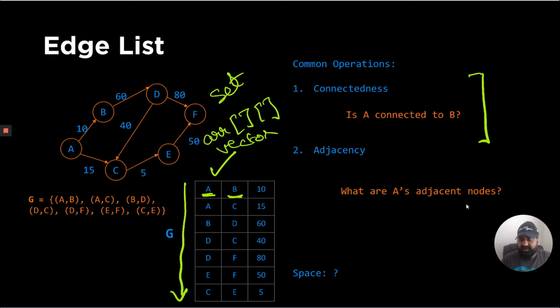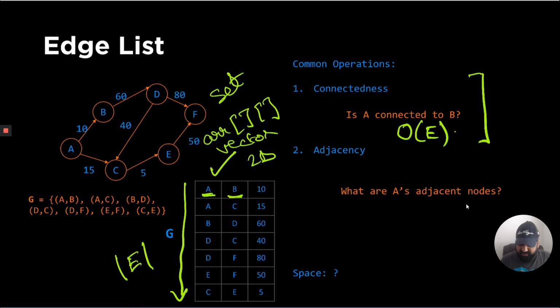It's going to take at least O of E time in the worst case, because if we are implementing it as a 2D array, the number of rows is equal to the number of edges, and the total size of the array is the number of edges times 3, where 3 is a constant. So we don't care. If you want to see if two nodes are connected or not, it's going to take O of E amount of time.